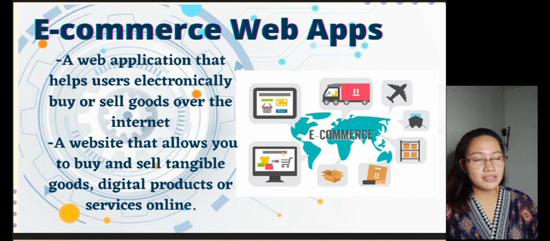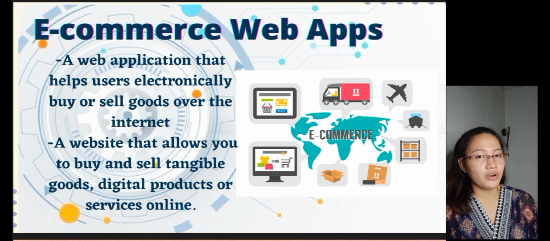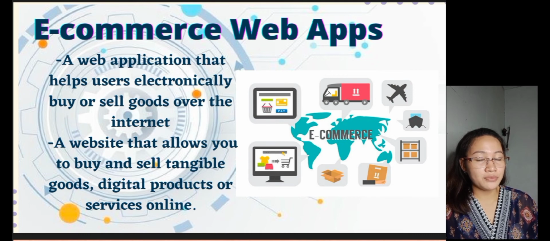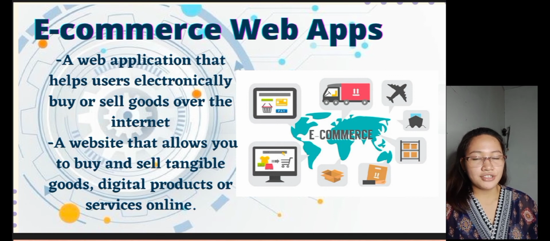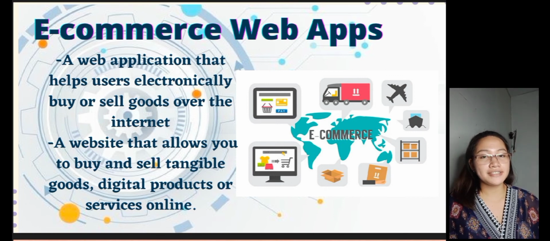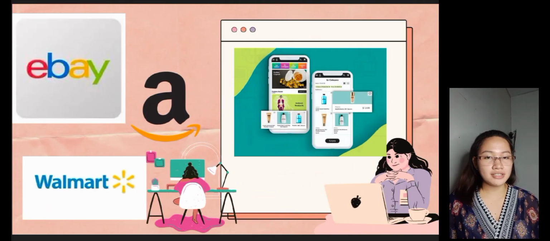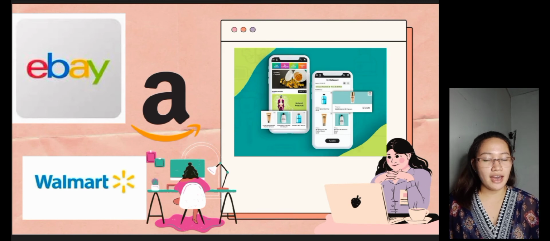For example, Shopee or Lazada. Shopee is a web application where we can buy something or sell something. We have another three examples of use cases of e-commerce web apps. First is Amazon, eBay, and Walmart.